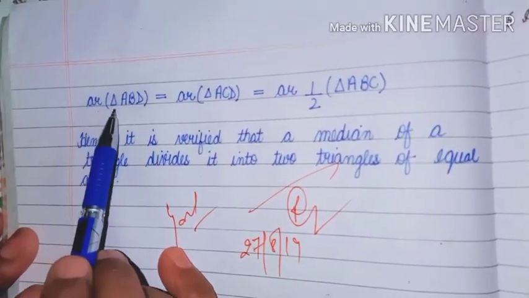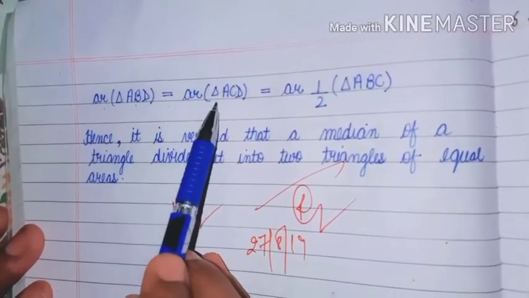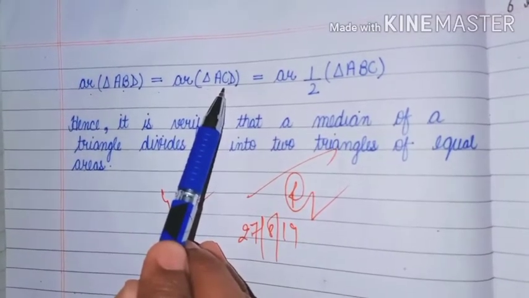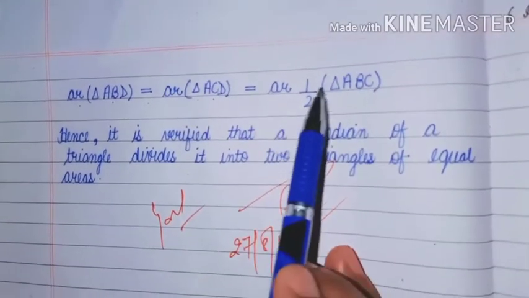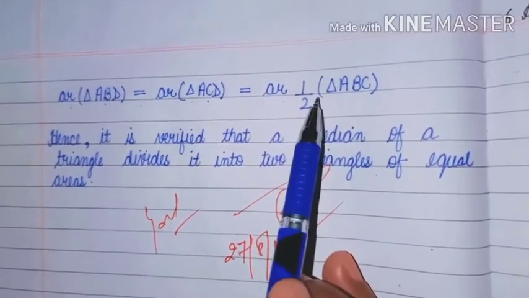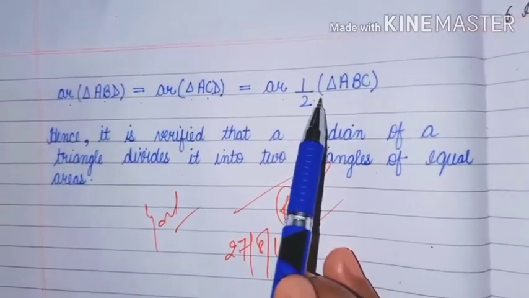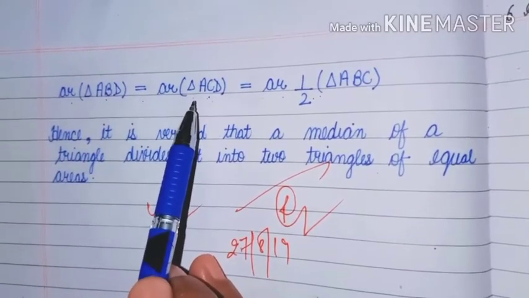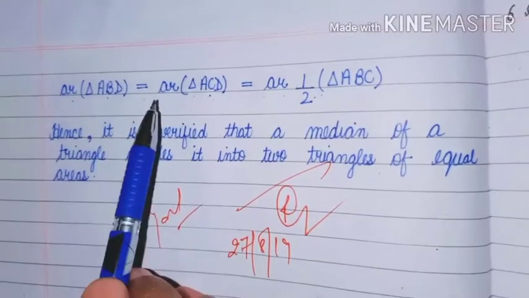Yes beta, the area of triangle ABD is equal to the area of triangle ACD, that is 3 square unit, as you already observed. And half of the area of ABC, which we found to be 6 square unit, is 3, the same as the areas of ABD and ACD. So this result is verified.